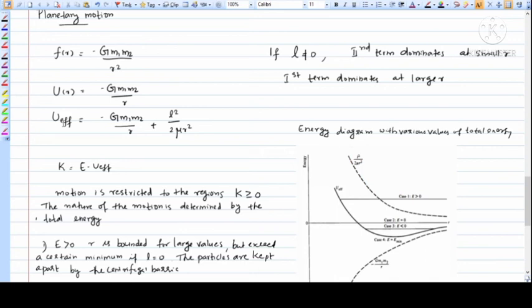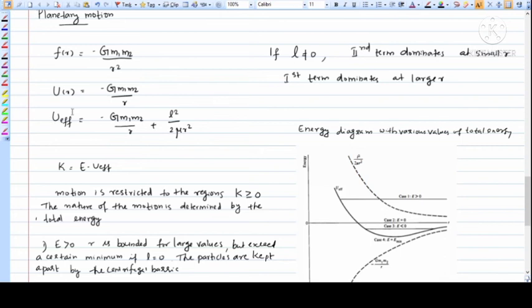And we know that the effective potential is equal to U of r plus L square by 2 mu r square, and it is equal to minus G m1 m2 by r plus L square by 2 mu r square. We find the expression for U effective because we have to draw the energy diagram.